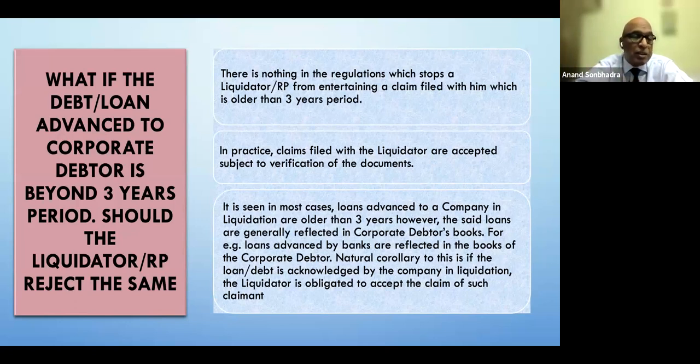That claim has to be taken. The quantum of claim to be admitted obviously will be restricted to the terms of the agreement and what has been repaid, or what is the exact outstanding in the books. What is the correct verifiable outstanding?